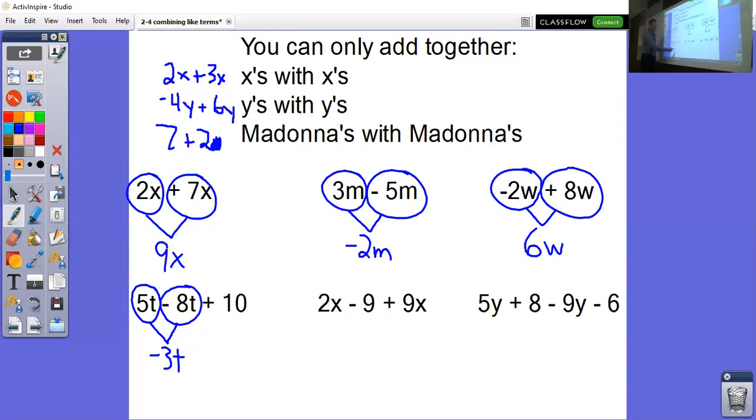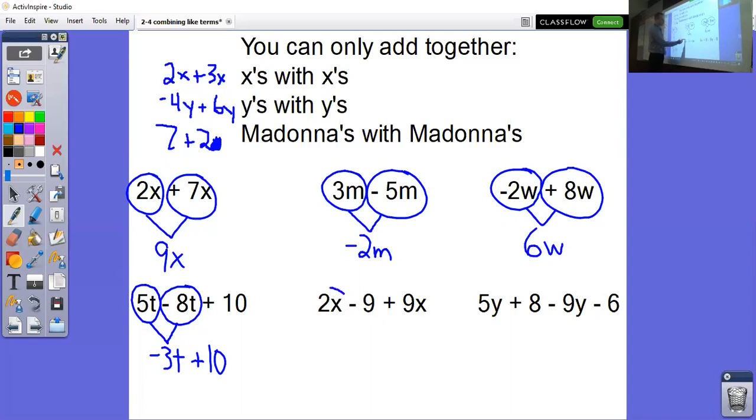Well, what do we do with that plus 10? All that we do with that plus 10 is just bring it down, all right? Just bring down the plus 10. We cannot add together the negative 3t and the 10 because they don't have the same last name. This has the last name of T, and this is a Madonna.